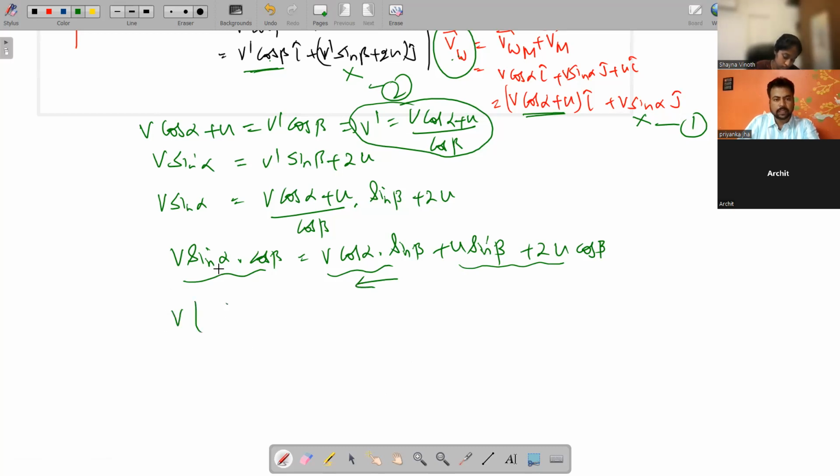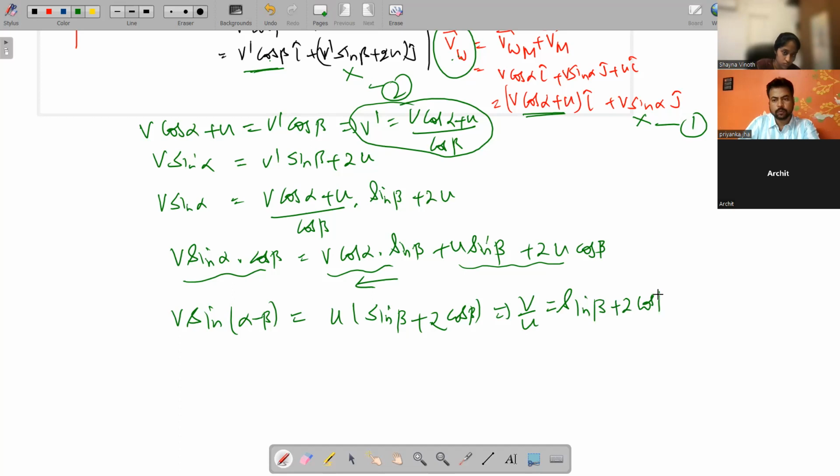V will be common, and this is sin A cos B minus cos A sin B. So it is V sin of (alpha minus beta) equal to, taking U out, U (sin beta plus 2 cos beta). So from here we can get V upon U as (sin beta plus 2 cos beta) upon sin(alpha minus beta).